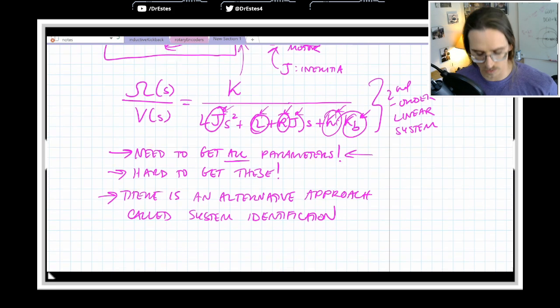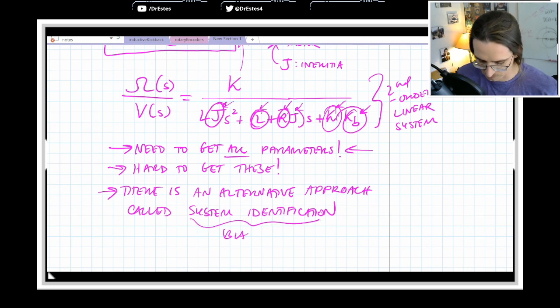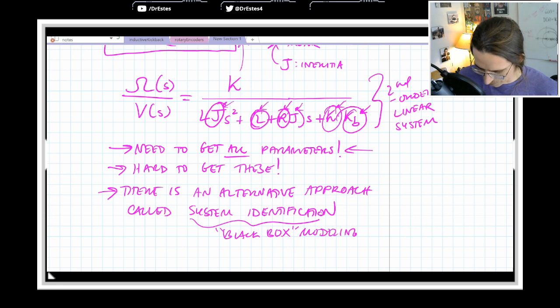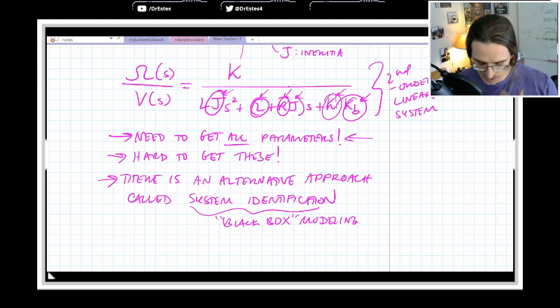Sometimes we call it black box modeling, because we look at the system as this box. I don't see the inner workings of it. I don't care. I just want, in the end, a model that expresses the relationship between the inputs and outputs of the system. Okay, so let's describe this approach.